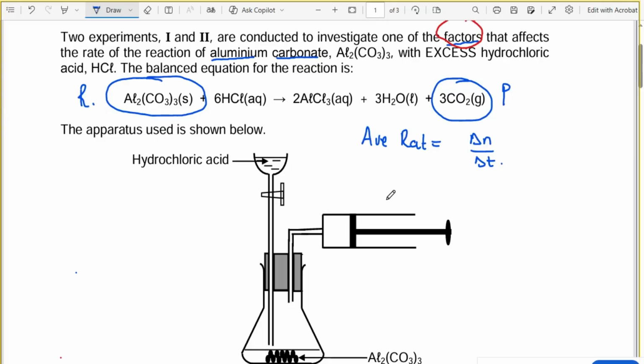So now I'm saying that if we use the product, we're going to say with reference to CO2.